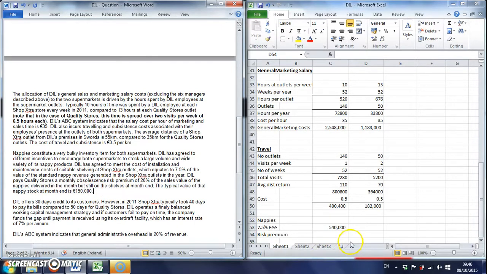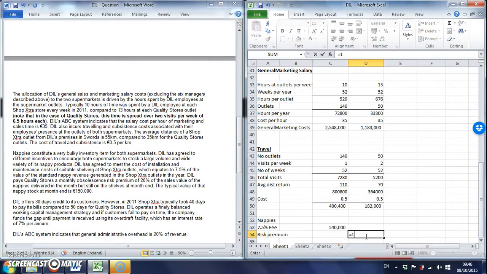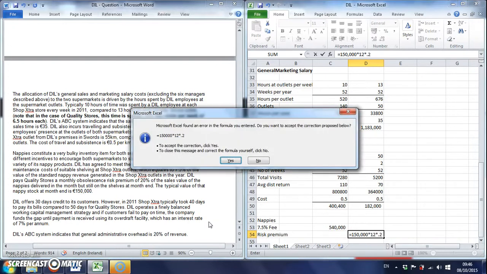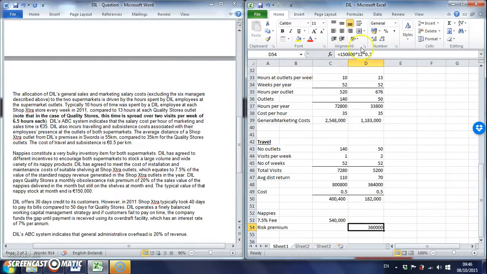So every month there's 150,000 worth of stock. Over the year there would have been 12 of those, because you're paying a monthly fee, and that's times 20%. So 360,000 there. So again, relatively straightforward calculations. It's just to remember to read it and understand what it's actually trying to tell you.